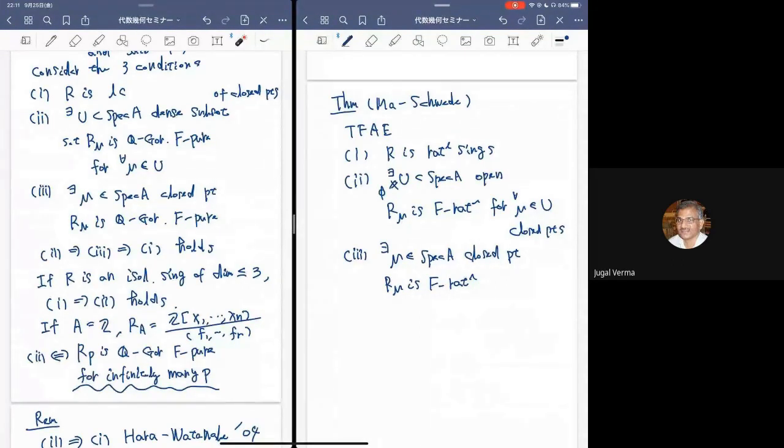One explanation is, how should I say it, Karl Schwede gave a common definition of multiplier ideal and test ideal. His definition gives the multiplier ideal in characteristic 0, and the same definition gives the test ideal in positive characteristic.